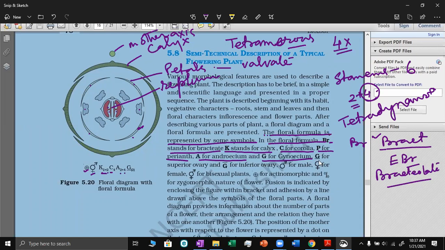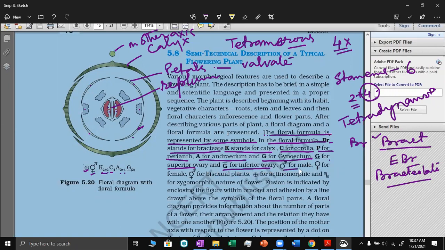See here, G with a line below it is for superior ovary. That is, if the line is drawn below the G, the ovary is above, so the ovary is superior. If the line is drawn above the G, this one is inferior ovary.